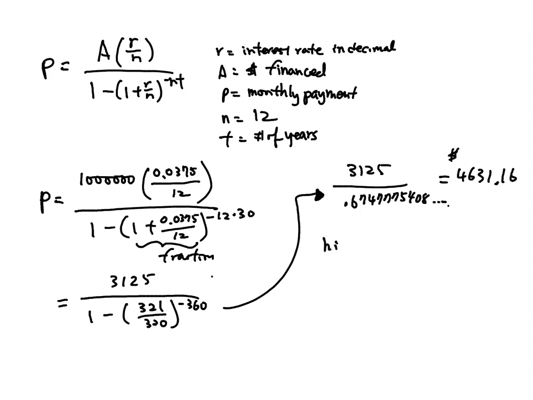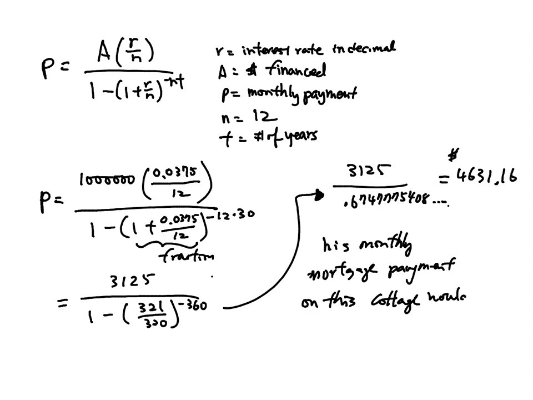So his monthly mortgage payment on this cottage would be $4,631.16 per month for the next 30 years. So 46, 31, 16.